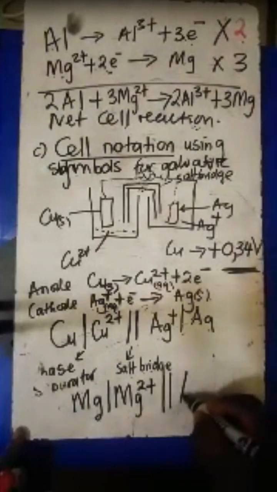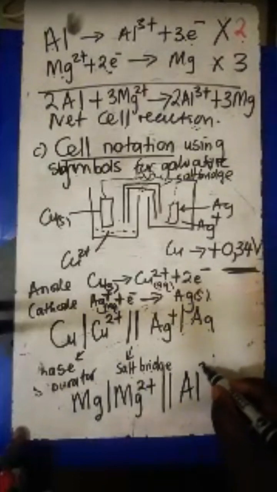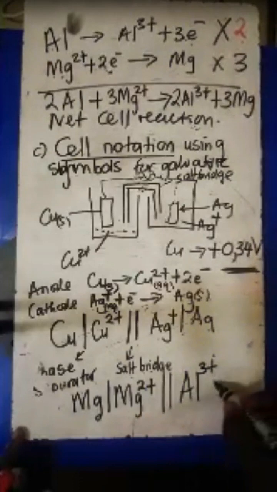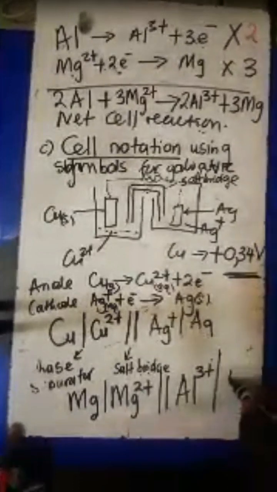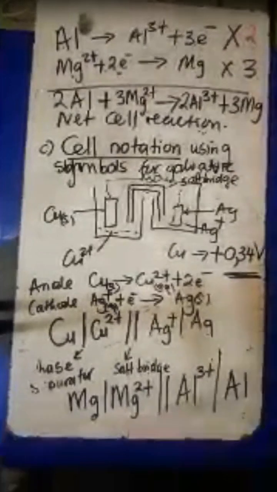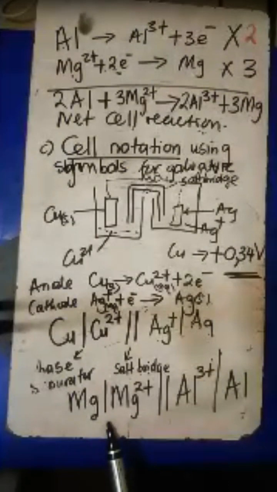Magnesium, then aluminium 3 plus plus 3 electrons, slash aluminium. Magnesium is the anode. Are we all following? Yes, ma'am. Magnesium is the anode.